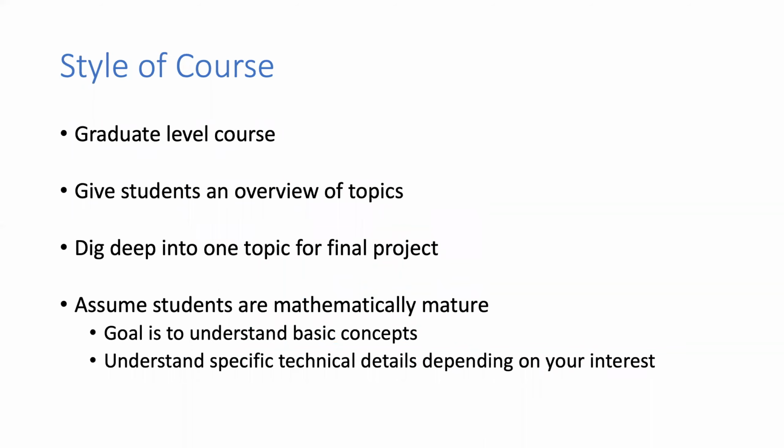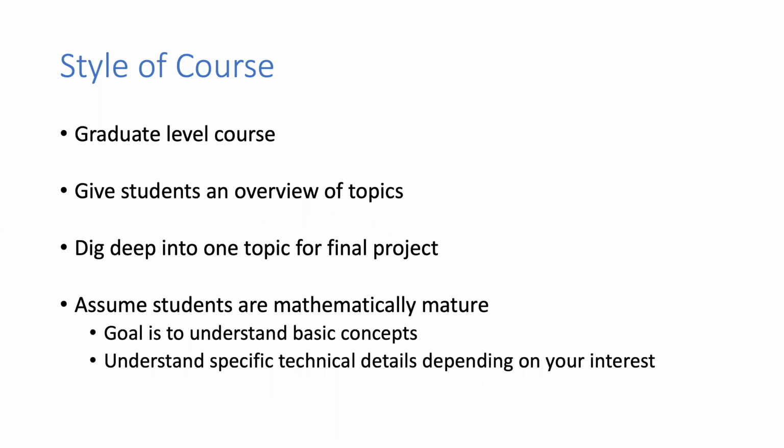Okay, so the style of this course. I know that some of you have taken CS 159 before and are taking it again. For those of you who haven't, the style of the course is a graduate level course. So the intention is to give students a broad overview of cutting edge research topics. And the students will dig deep into one topic for a final project, a research project, if you will.